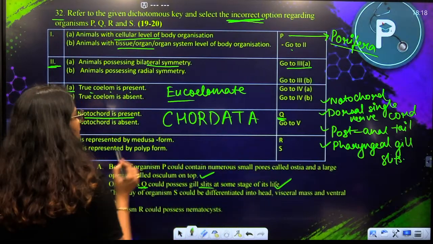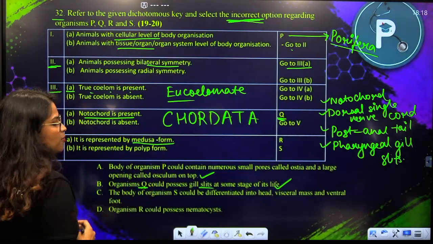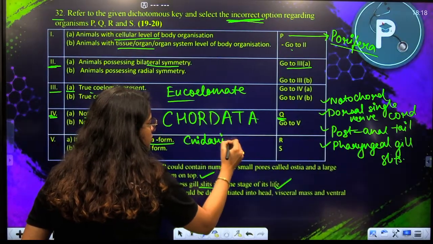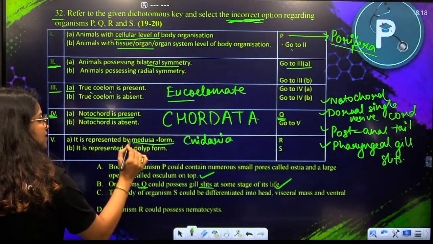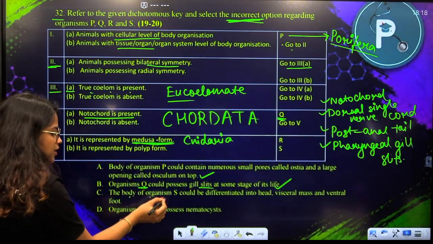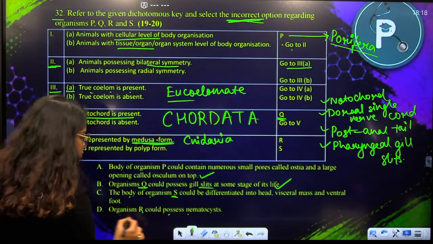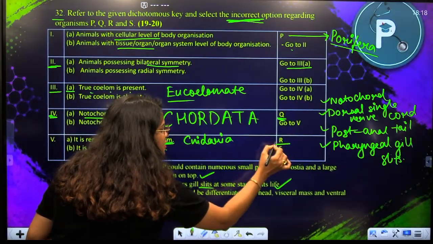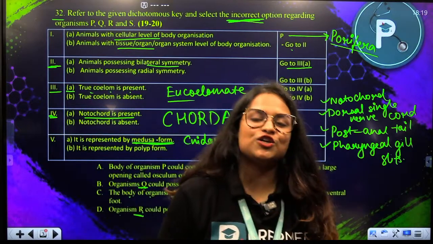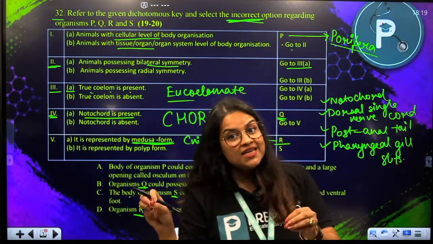Then we would go to R. It is represented by medusa form. So medusa form can be seen in Cnidaria. Cnidaria would show a medusa form and also a polyp form sometimes, but they have mentioned only medusa form. Organism R could possess nematocysts. This is correct because R they are saying is a Cnidaria, and the most peculiar feature of Cnidaria is the presence of nematocysts. Nematocysts are called stinging cells.